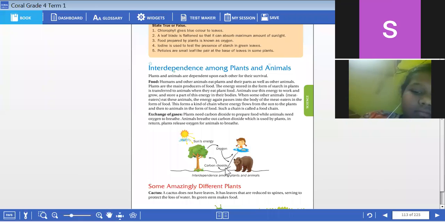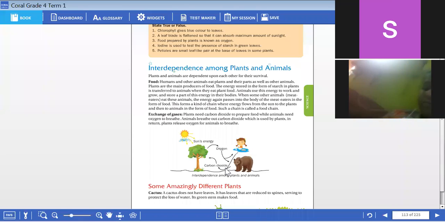The plant receives energy from the sun and prepares its food in the form of starch with the help of 4 elements. Yesterday we told, with the help of 4 elements: water, sunlight, carbon dioxide, and chlorophyll. These are the 4 elements used by a plant to prepare its food.